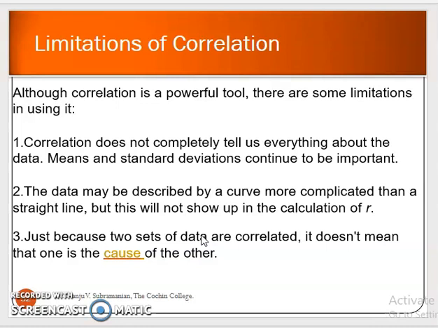Just because two sets of data are correlated, that is the X and the Y values, it doesn't mean that one is the cause of the other. There may be other variables interacting with the X variable and the Y variable, which are not taken into consideration. That is another limitation.